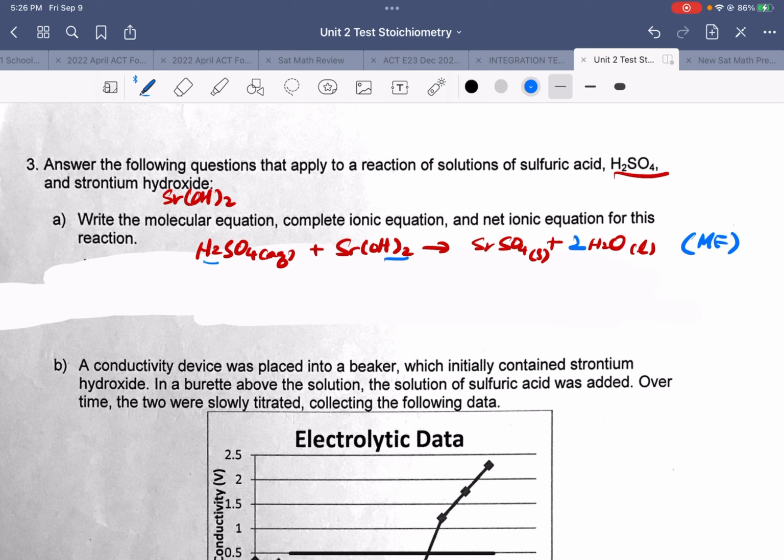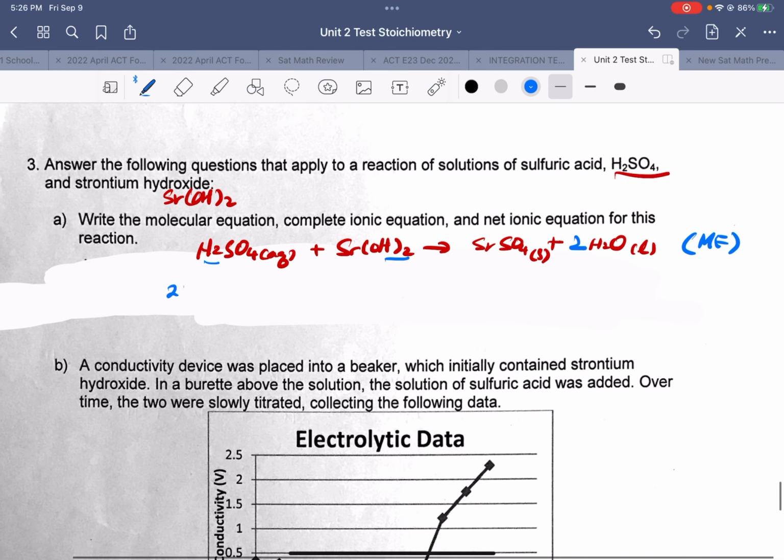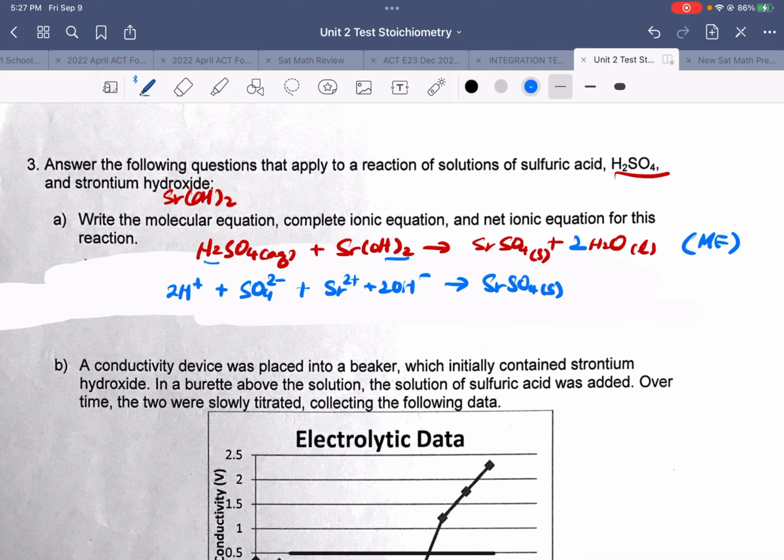Now, what about the complete ionic equation? It ionizes. So you can say 2H plus, I'm just going to omit the aqueous state, and SO4 2 minus, plus Sr2 plus and 2OH minus. That becomes a precipitate. You always write it like this, not ionized, because it's a solid.